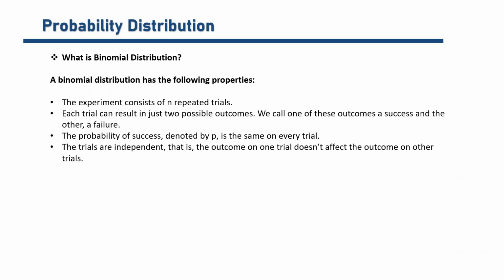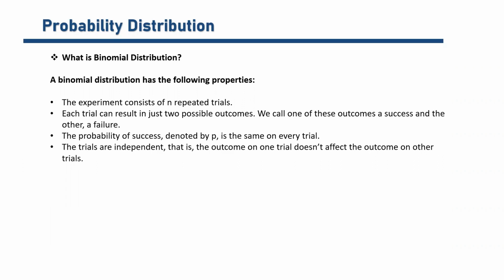In a binomial distribution, we experiment with n repeated trials, just like we rolled a die a million times in our Python example. Whenever you have a head or a tail, you have only two possible outcomes, either a success or a failure. That's why we call it binomial.